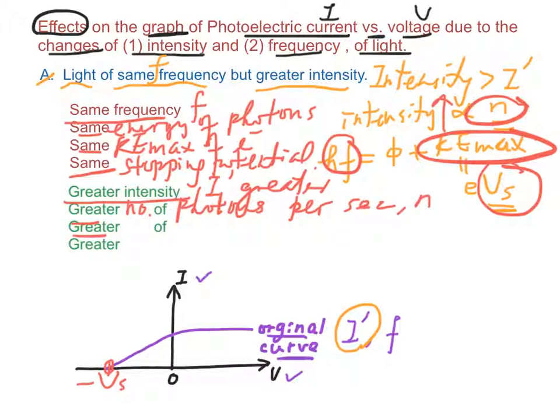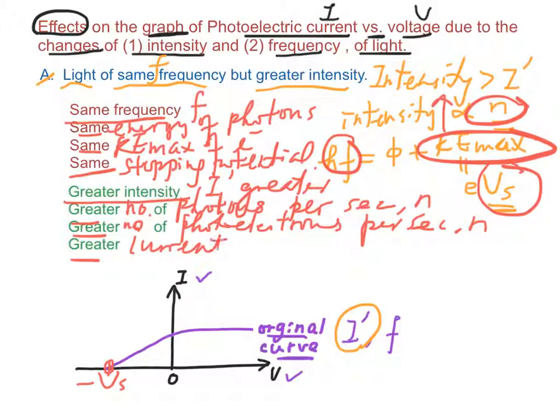So we have a greater number of photoelectrons emitted per second, also n. Therefore, we have greater photoelectric current, which is equal to Ne. As a result, the new graph would have greater current but the same Vs. It looks like this.